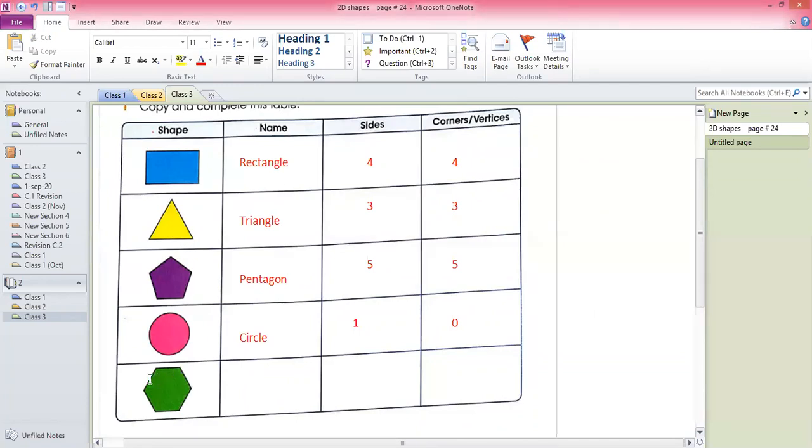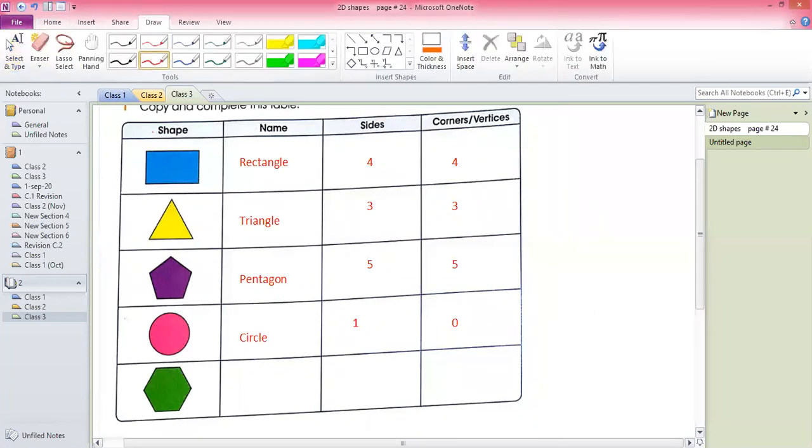Yes, guys, can you identify this shape, the last one? Yes, sir. Regular hexagon. Very good.